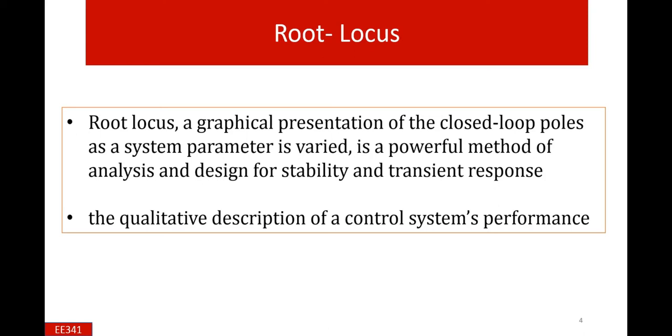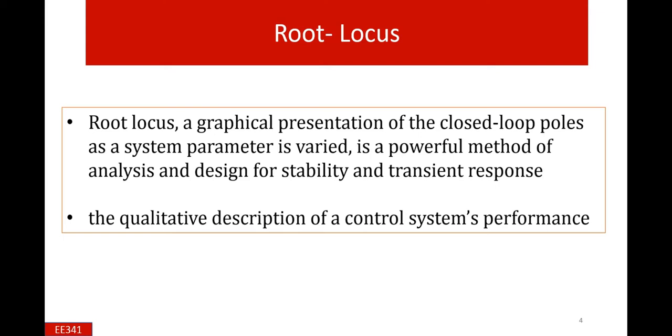Root locus is the graphical representation of the closed loop poles. Usually open loop system information is given, and we use that information to draw the root locus, which is the representation of closed loop poles, and it is used for analysis and design for stability and transient response.